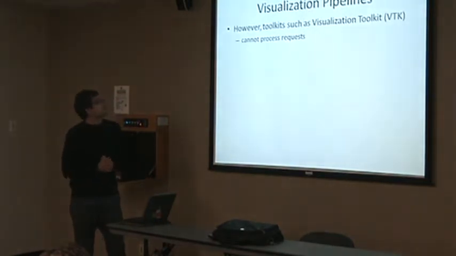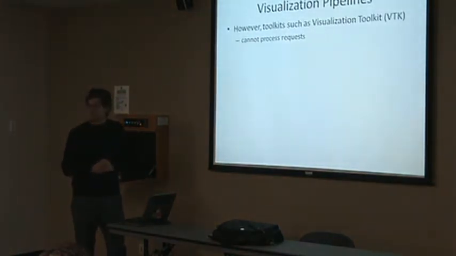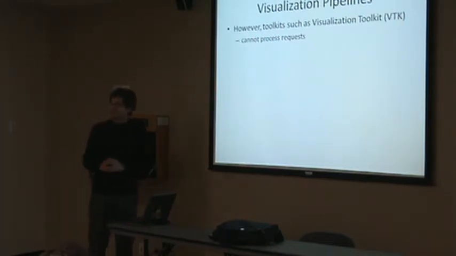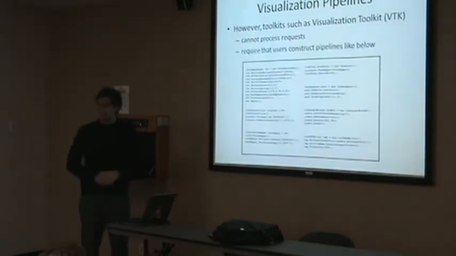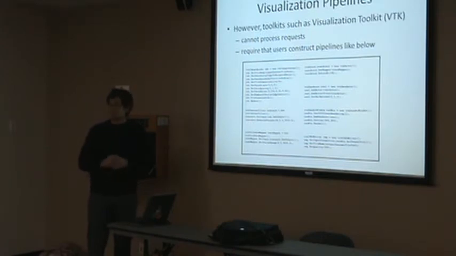The problem, however, is that toolkits such as the Visualization Toolkit, and I'll describe what a toolkit is right now, don't process requests. Visualization toolkits are software suites, and they contain visualization modules called operators. It's up to the users to program against these operators to build visualization applications. More specifically, they don't just build any application, they build what are known as visualization pipelines.